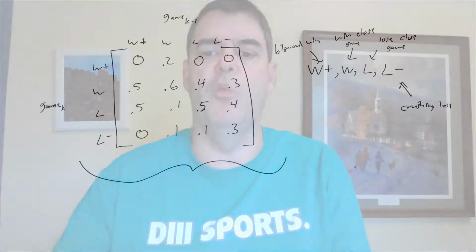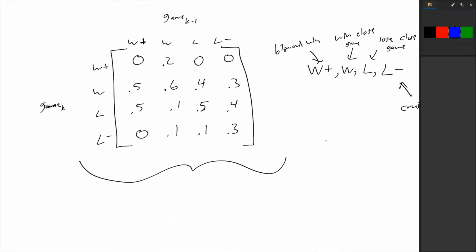When we figured out the answer to this question for the weather example, what we did was figure out, I'm going to call this B for basketball, the dominant eigenvector of B. That was the answer to the question here, right? The dominant eigenvector of W for the weather case or B for the basketball case.